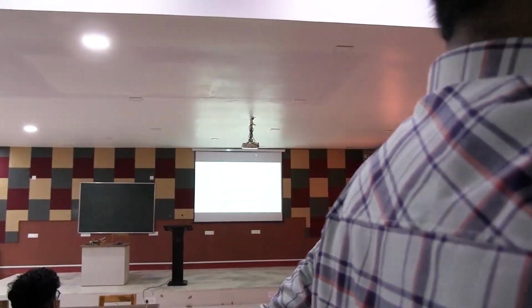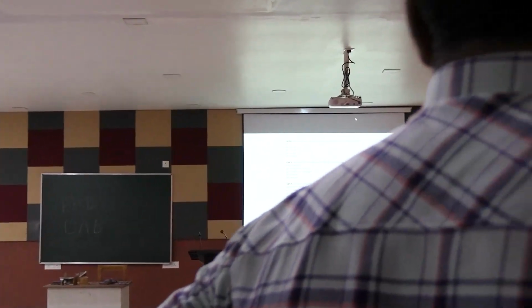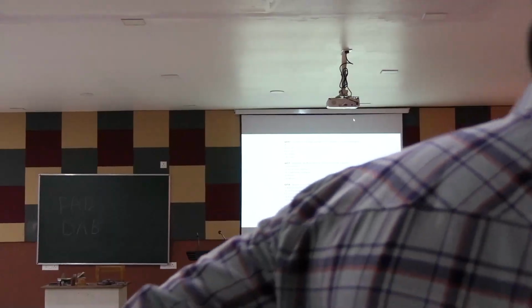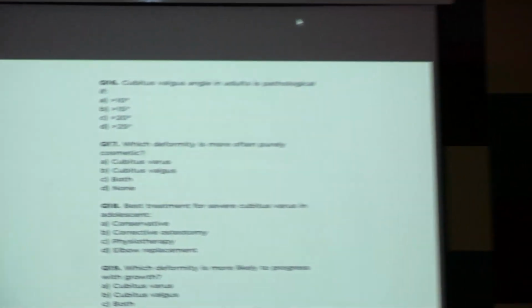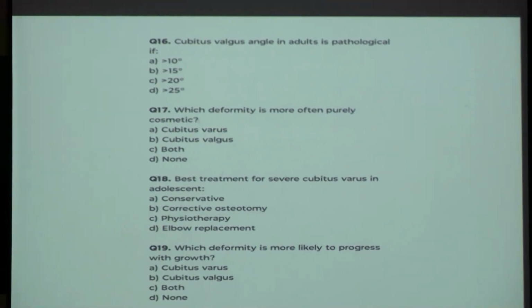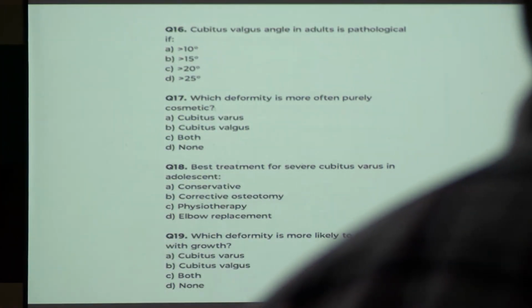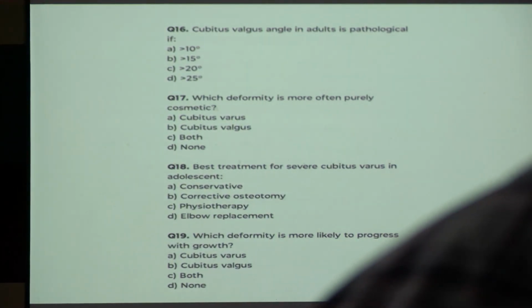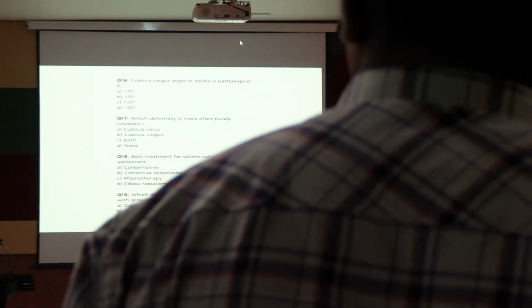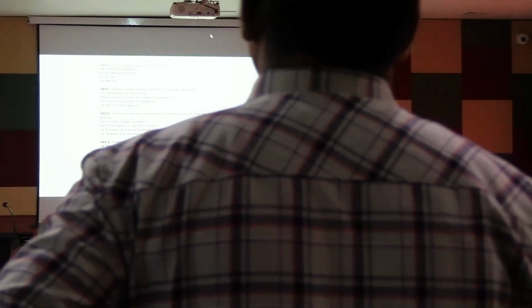Boss, tell. Can't you see it here? Look, tell. 18, you answered the answers well, tell. This is number 18. Right. Which deformity is most likely to progress with growth? This is cubitus valgus. 21, 21.